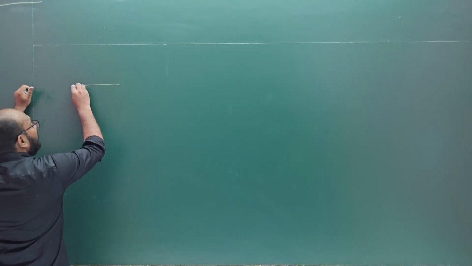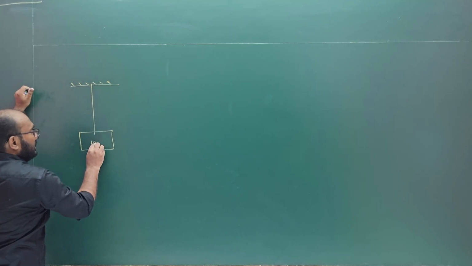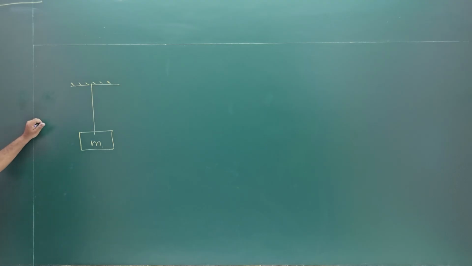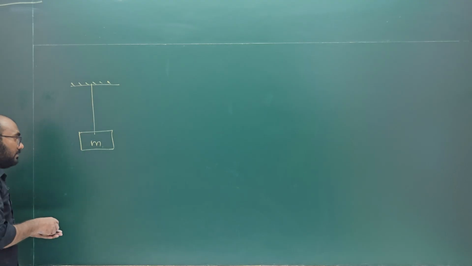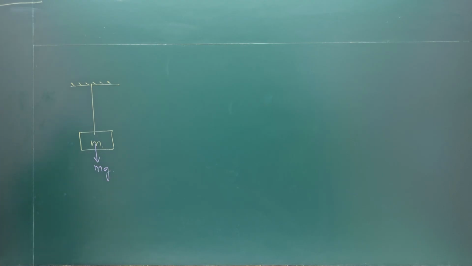Now let us try to understand how to mention the direction of tension. Consider there is a fixed point over here, with mass M. Now mg is acting in the downward direction. Where will the tension act? In the upward direction.